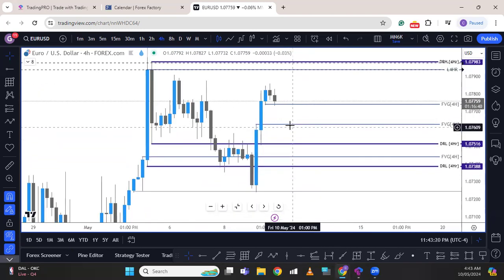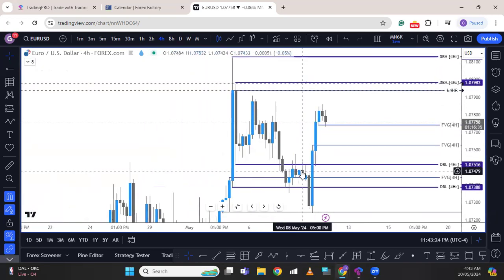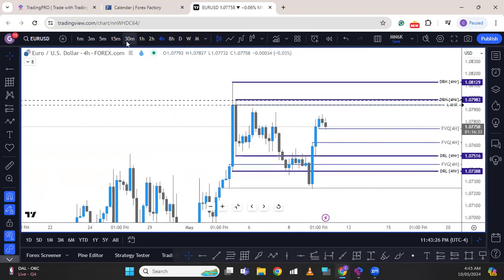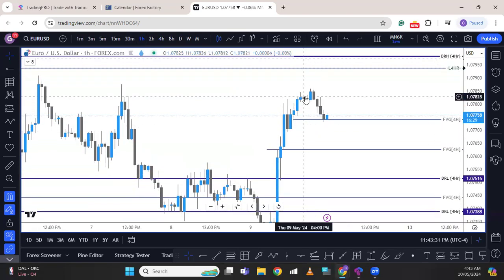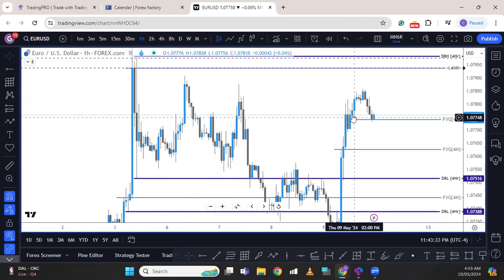So I will be of the opinion that we might see a move lower and a continuation to the upside. So for now, on the lower time frame, the best bias on this pair is a sell to buy. As you can see, this other block here is holding price.